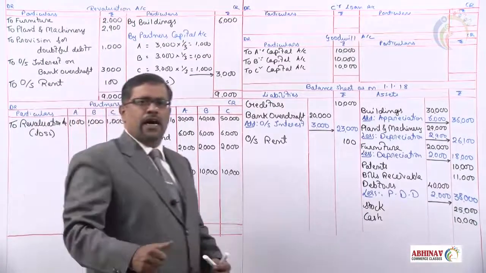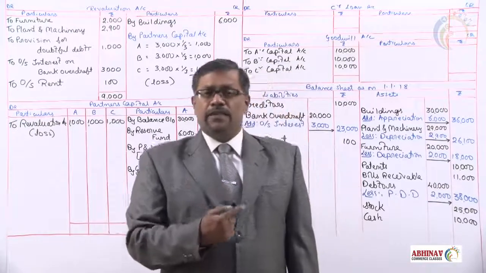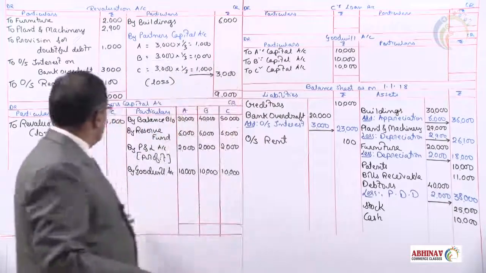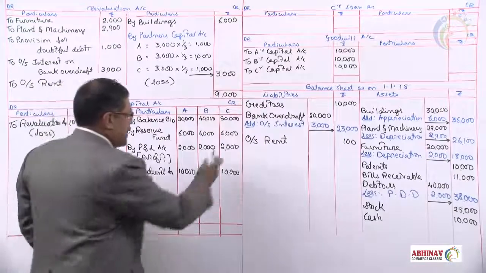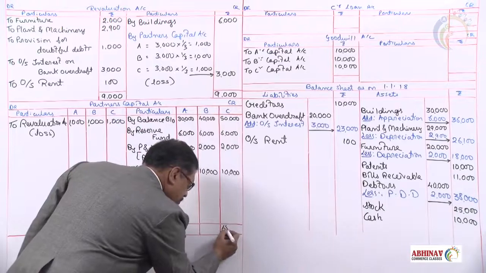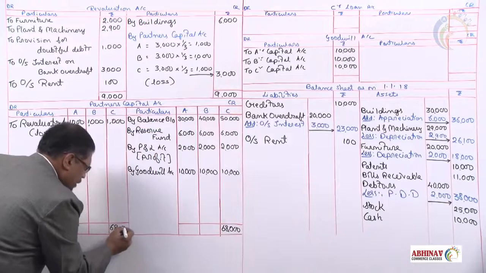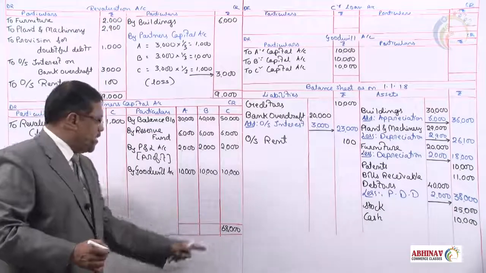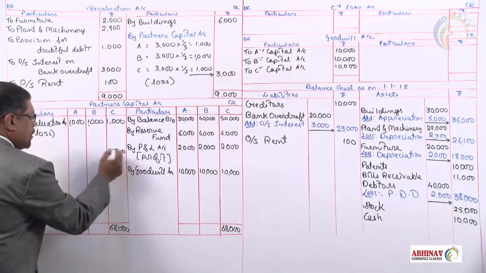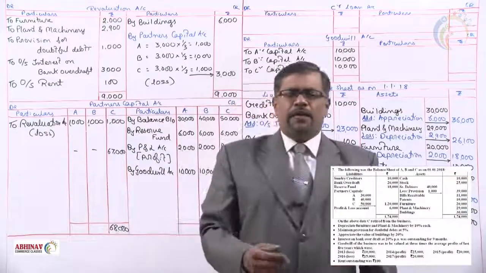Now let us balance our partners' capital accounts. First, we'll balance the retiring partner's account, then the continuing partners. Who retired? C. So that's going to be 56, 2, 58 and this 10, 68,000. From this 68,000 minus 1,000, we get a balance of 67,000. Is it mentioned anywhere in the problem that the retiring partner is paid some cash?